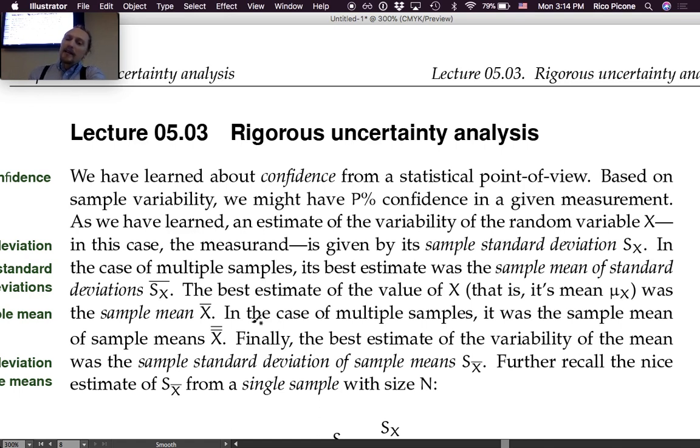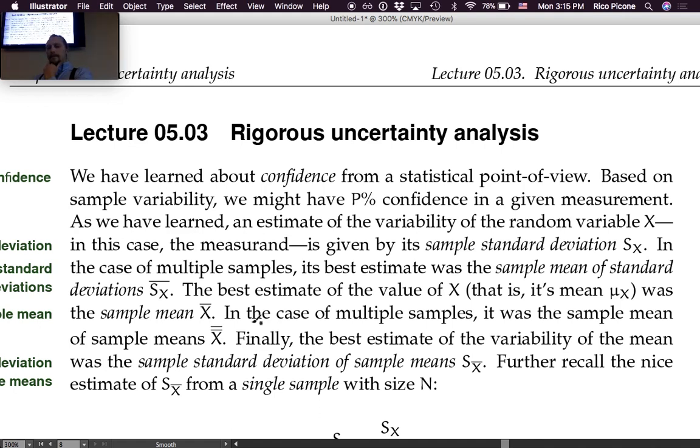Finally, the best estimate of the variability of the mean was the sample standard deviation of sample means, which we often call just the standard deviation of means. We just drop all the sample, but it's really the sample standard deviation of the sample means.